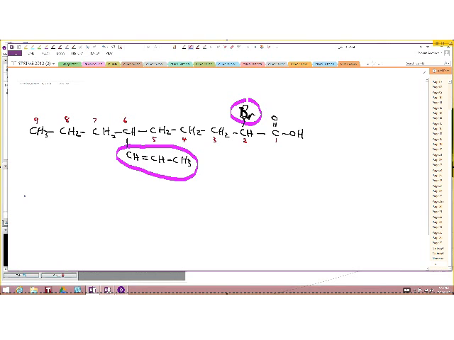The base name, of course, is what? The base name will be what? Nonanoic acid, okay?